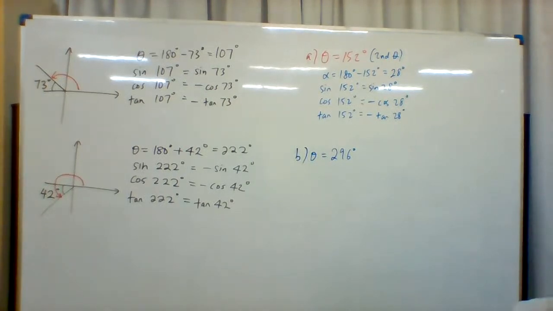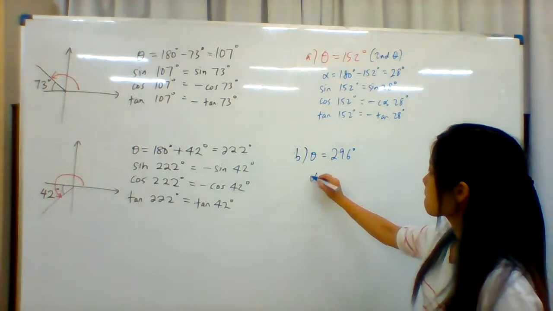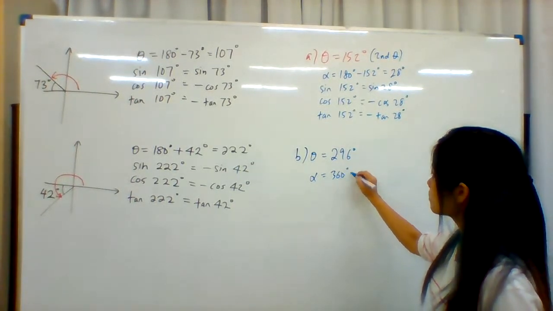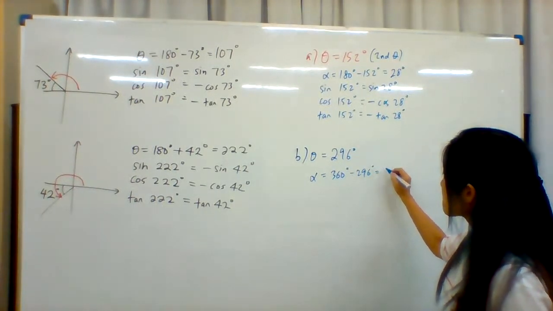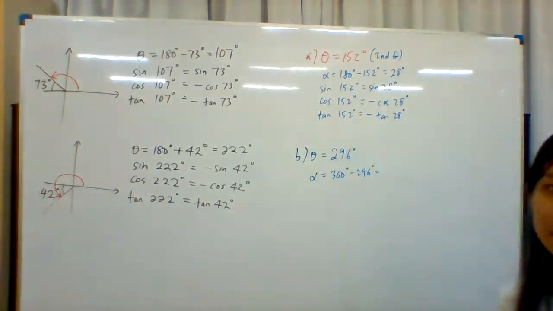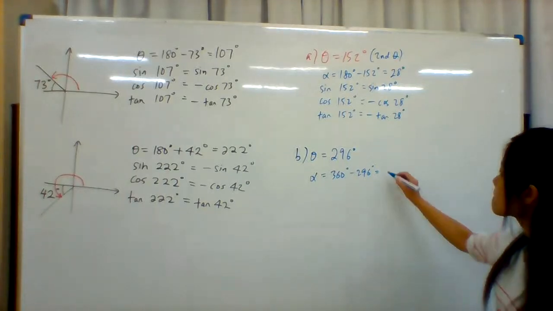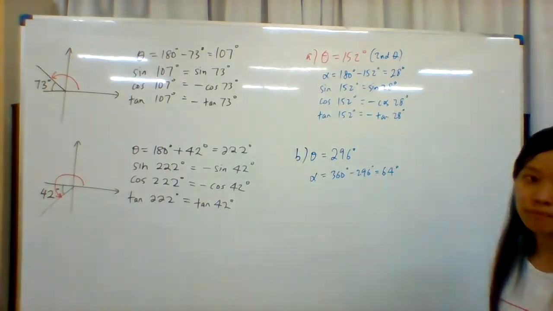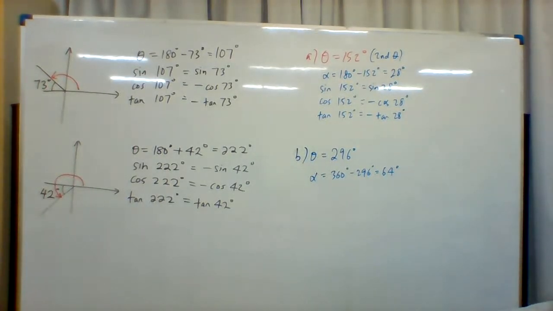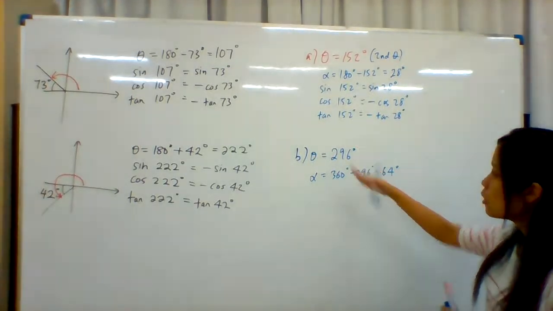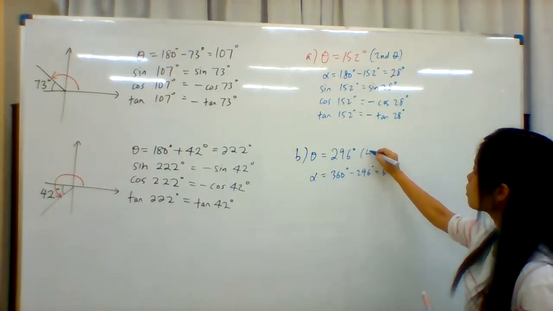Okay, if your angle is 296 for your theta, what is your basic angle? Right? So 64 is your basic angle. Then again, in the fourth quadrant, because remember more than 270, so this is already in the fourth quadrant.